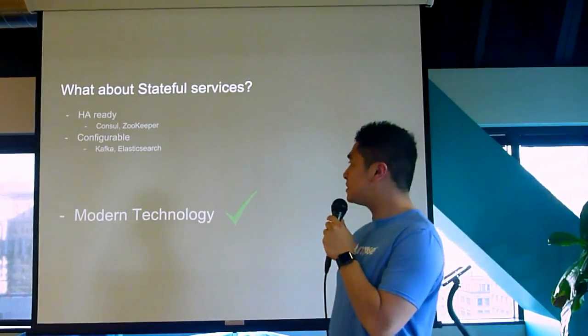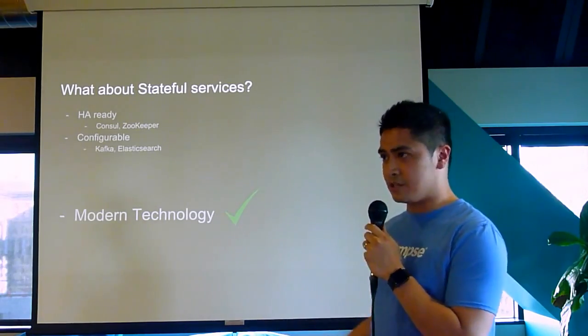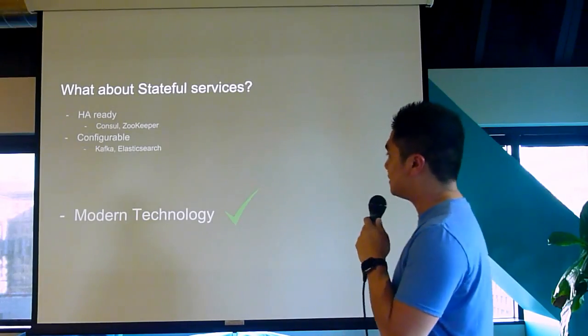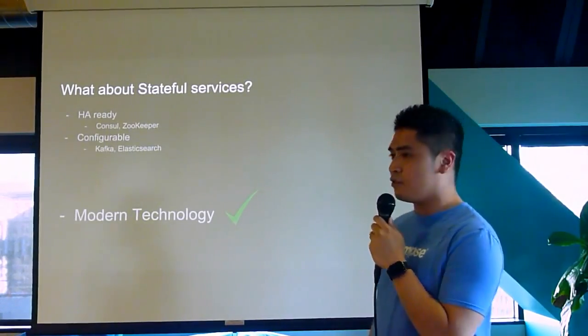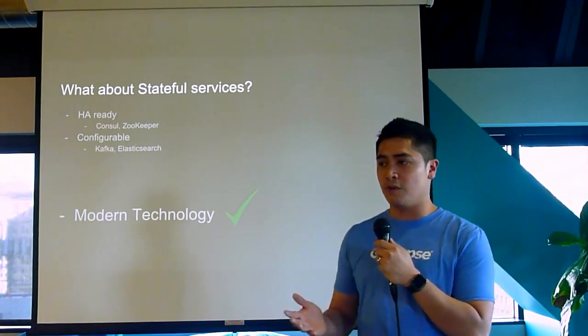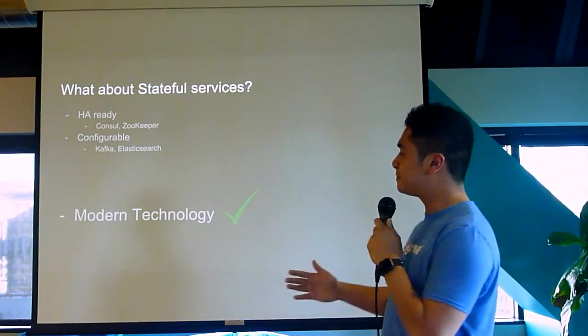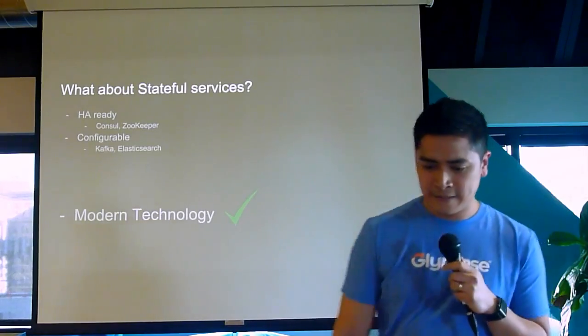And then there are some stateful services that are inherently highly available, things like Zookeeper and Consul, which are 2 service discovery systems. So at the end of the day, if you're using modern technology, you're probably okay. You might have to update some configuration, but you will be eligible to run immutable infrastructure with that.